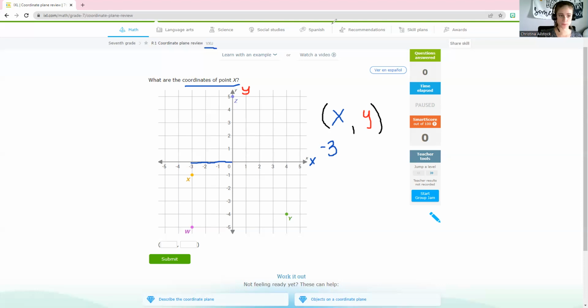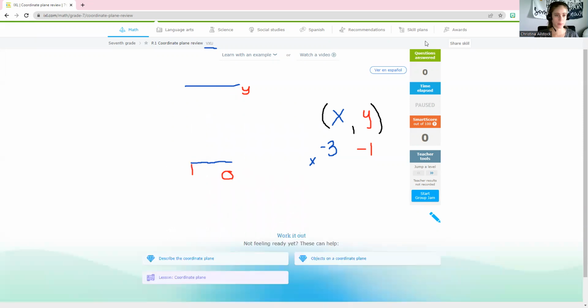That's our X value. Now we need our Y value. Remember, that's up and down. We only have to go down 1 unit, and we're going down, so that aligns with -1. Meaning our ordered pair, our coordinates for point X, are (-3, -1). And make sure that you are careful to type in the negatives if that's part of your answer. Don't forget about those.